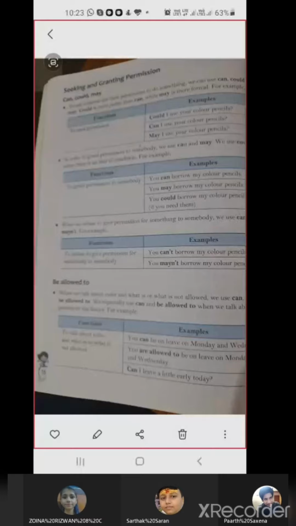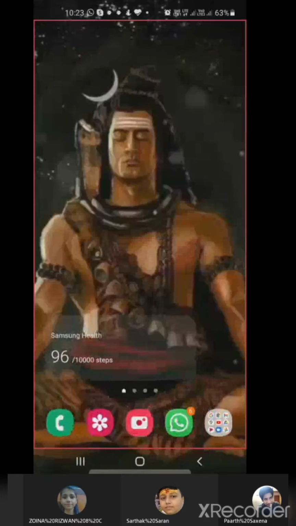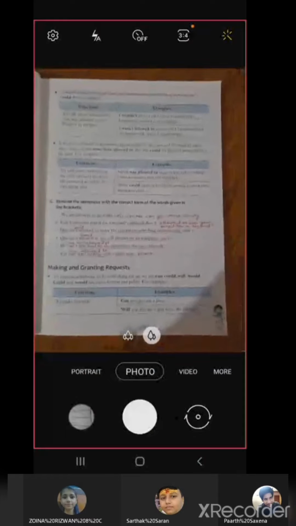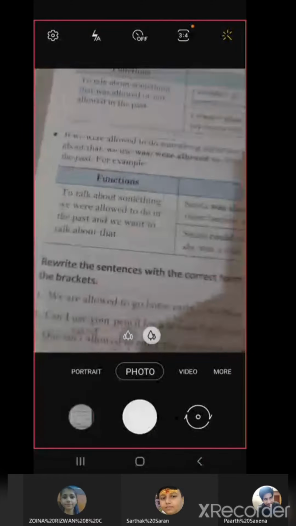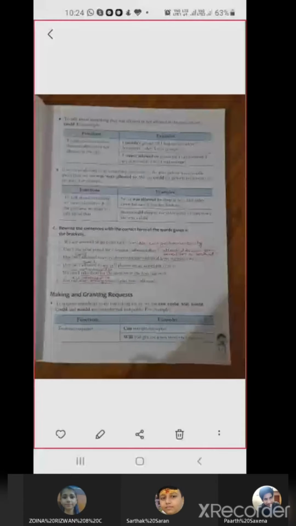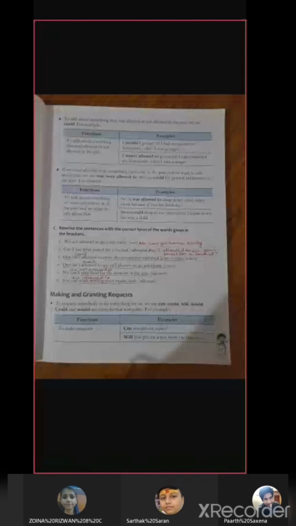Next, we come on to the next heading. Okay, we talk about something that was allowed or not allowed in the past. We use would.